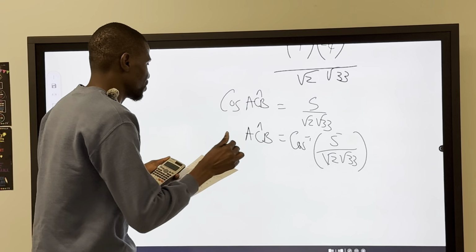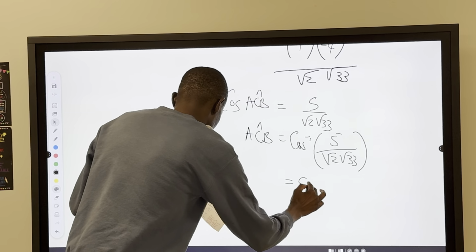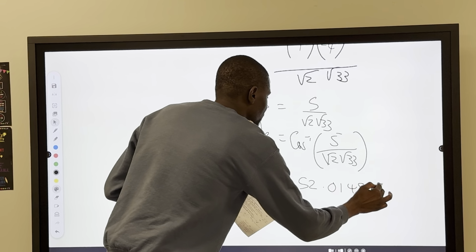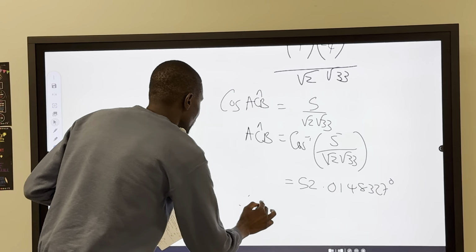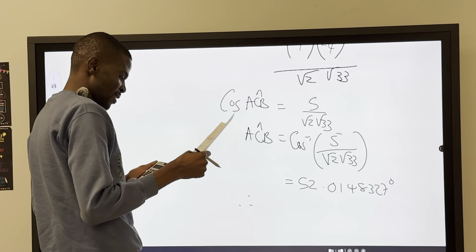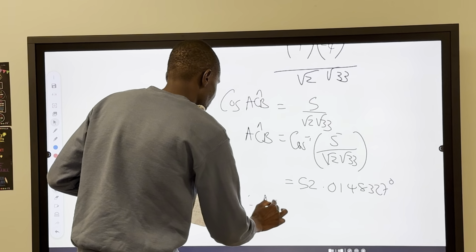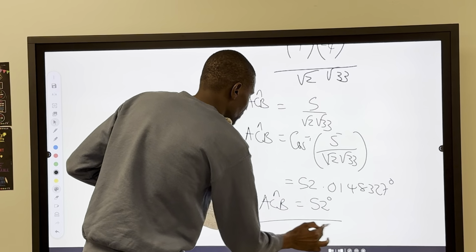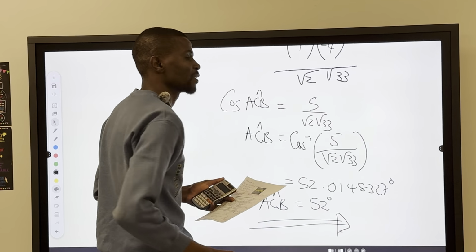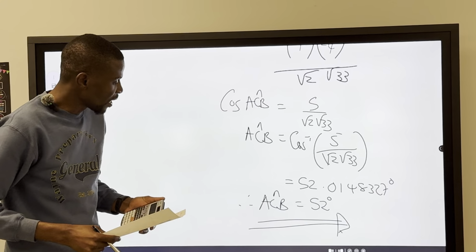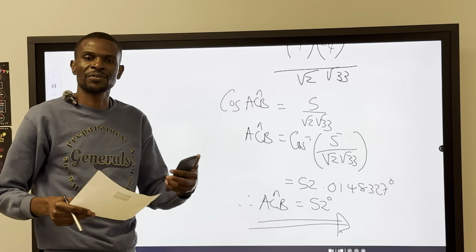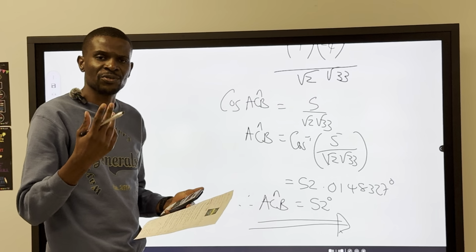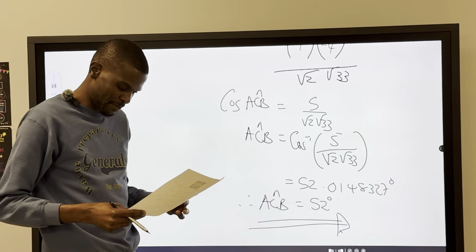All right, so it's 52.014832. Therefore, in this case, the maximum angle is 52 degrees to the nearest degree. Remember, for ZIMSEC, we approximate angles to the nearest degree, and for Cambridge it is to 1 decimal place. So let's bear that in mind.